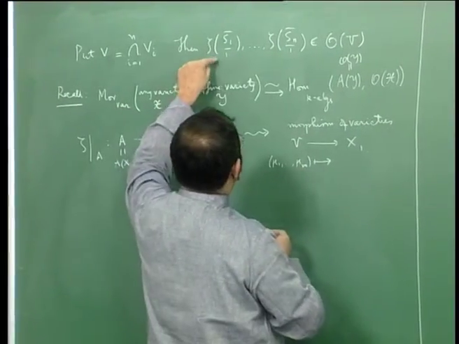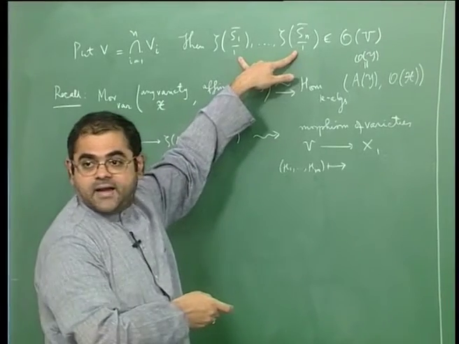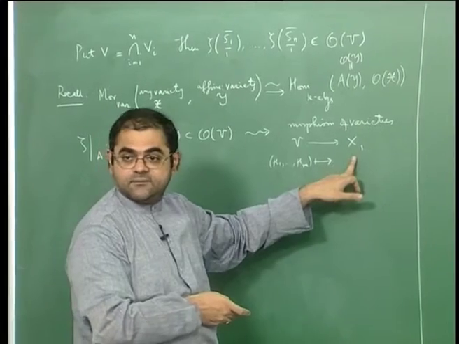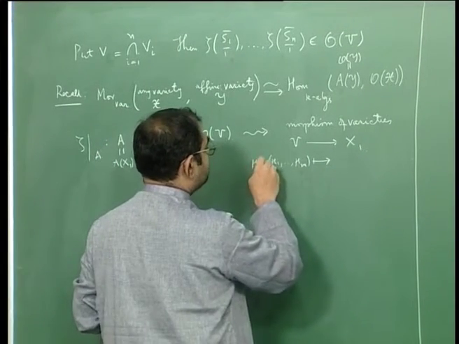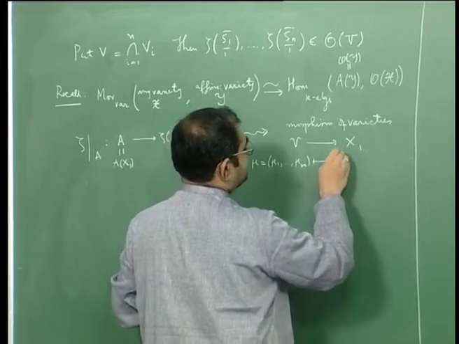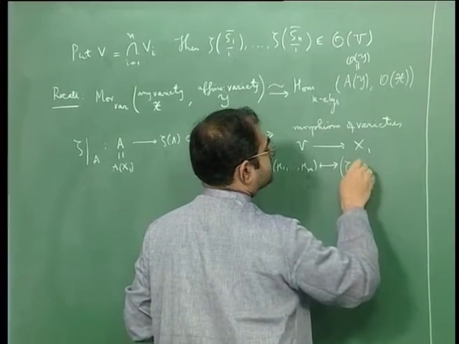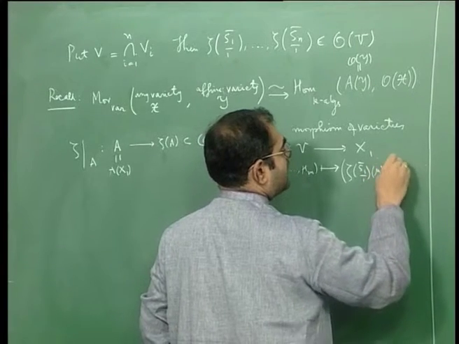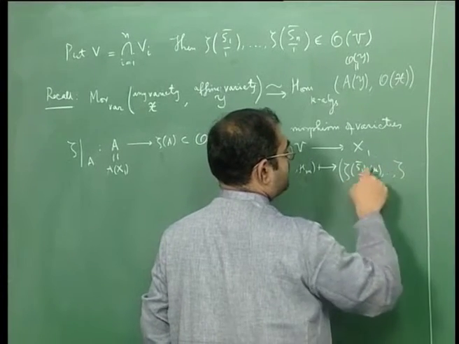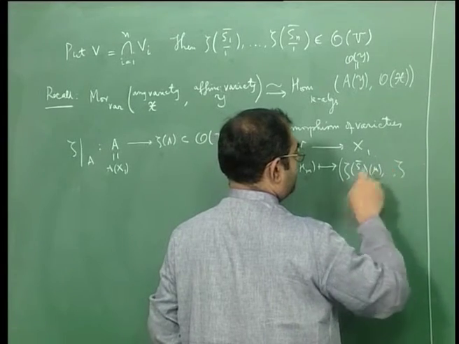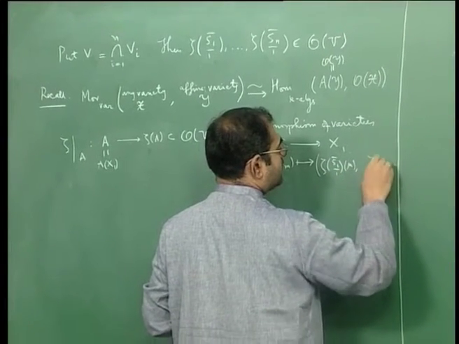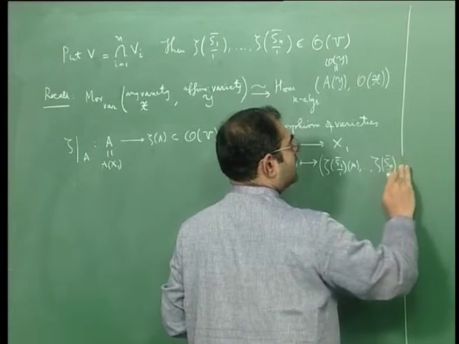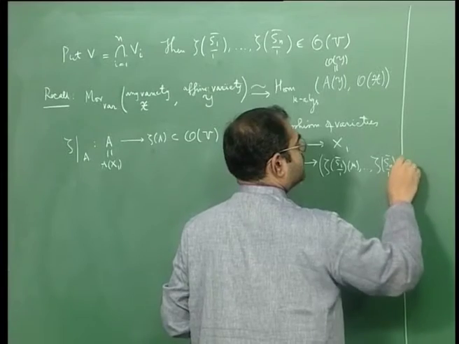So that will give you an n tuple, and that n tuple will precisely be an n tuple of a, and it will land inside x1. So if you call this mu, then this is just the map zeta s1 bar by 1 evaluated at mu, and so on up to zeta Sn bar by 1 evaluated at mu.